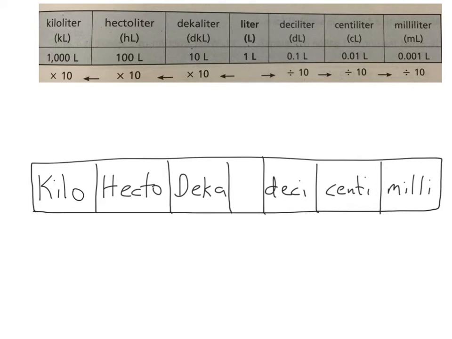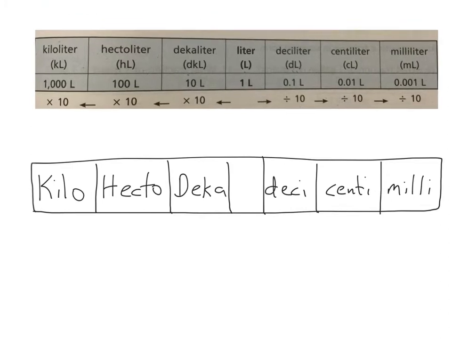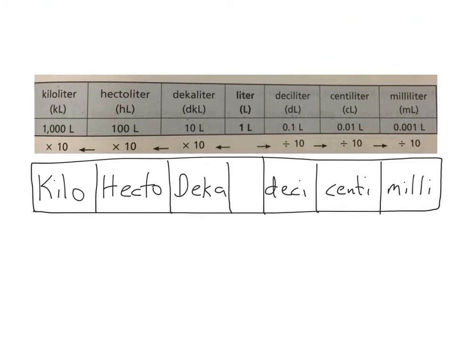If you look down at the chart that I made in black, from left to right it says kilo, then hecto, then deca, then a blank space, then deci, then centi, then milli. Compare that to this chart right here.